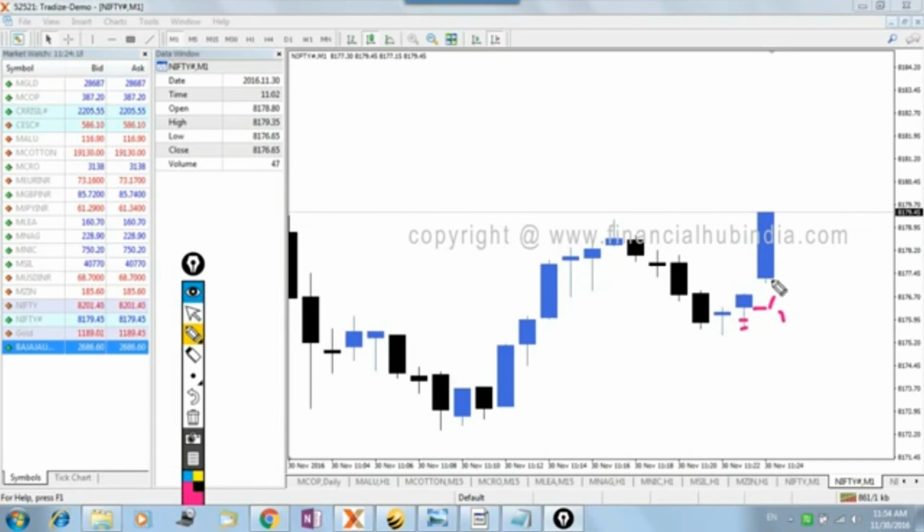Oh, price is shooting up. So price opened here, now price is shooting up. This is the current high so far, this is the lowest point so far. Now this current high is broken and price is still moving up. Okay, let's see how far it can go. Now the big candle, big momentum within a minute. From 8177 it moved up to 8180, 3 points.